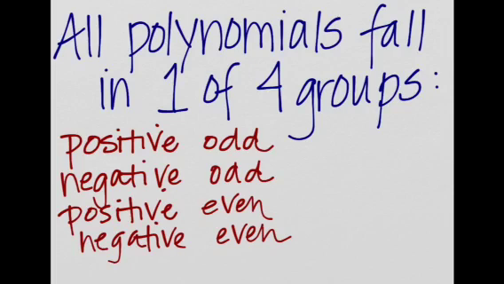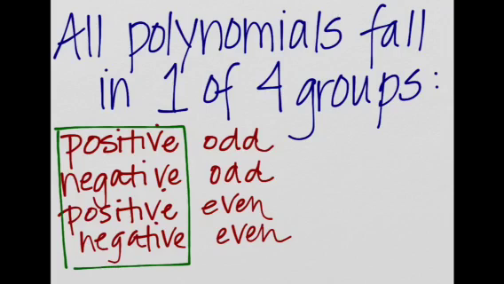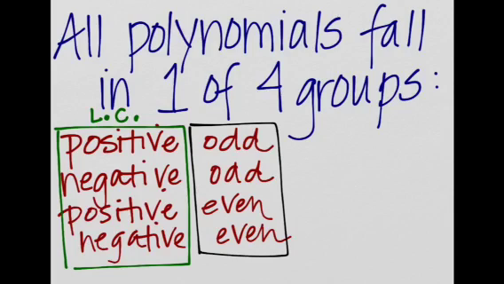So again, like I just stated, the positive and negative part, so whether the polynomial is positive or negative, comes from the leading coefficient, and whether the polynomial is odd or even is going to come from the degree of the polynomial. So let's take a look at each of these four different categories.